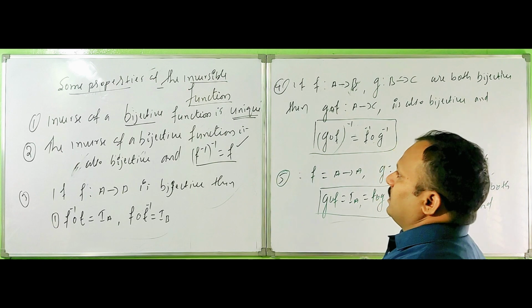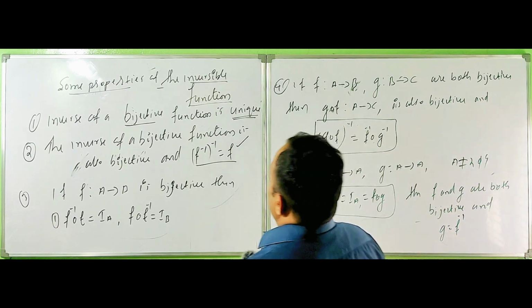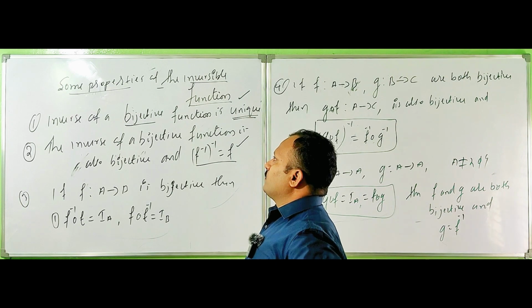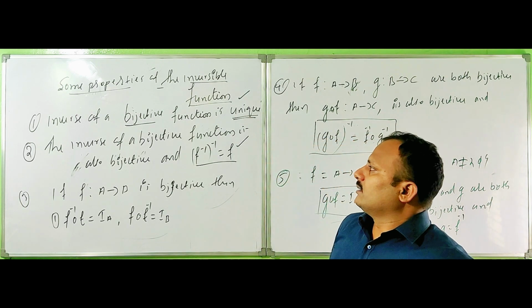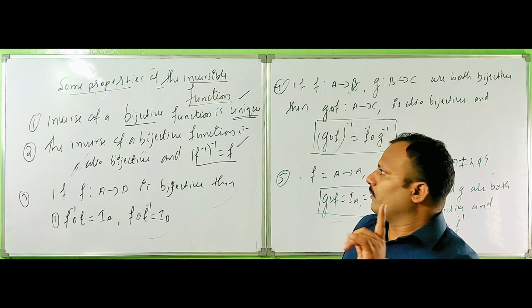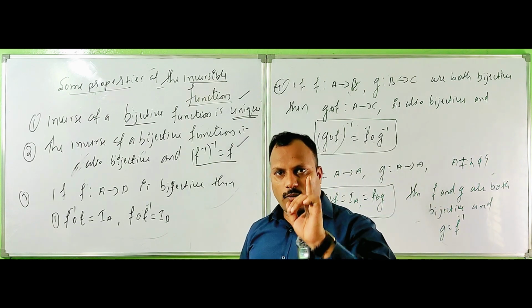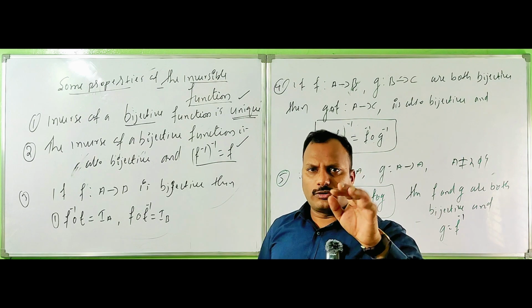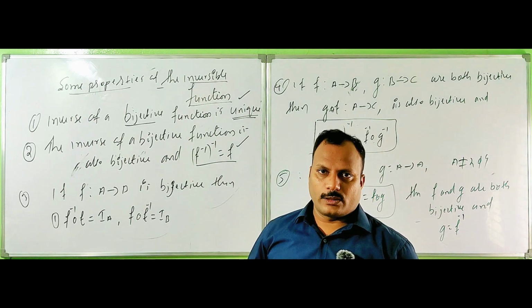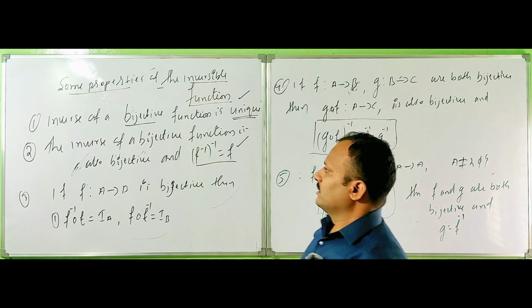So the inverse of a bijective function is unique. What is bijective? One-one and onto. Wherever one-one is there, you get one output for one input, and different inputs give different outputs.